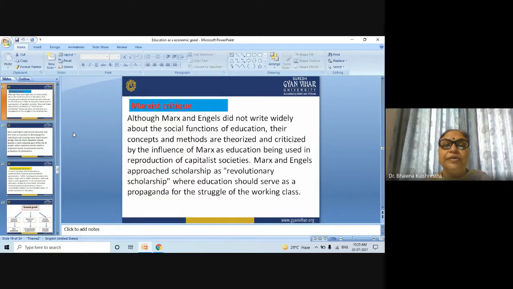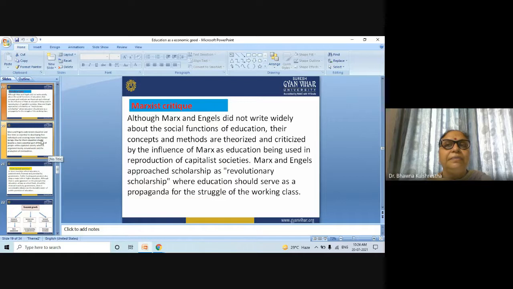The Marxist critique, the classical Marxist paradigm, sees education as serving the interest of capital and is seeking alternative modes of education that would prepare students and citizens for a more progressive society, a socialist mode of social organizations.